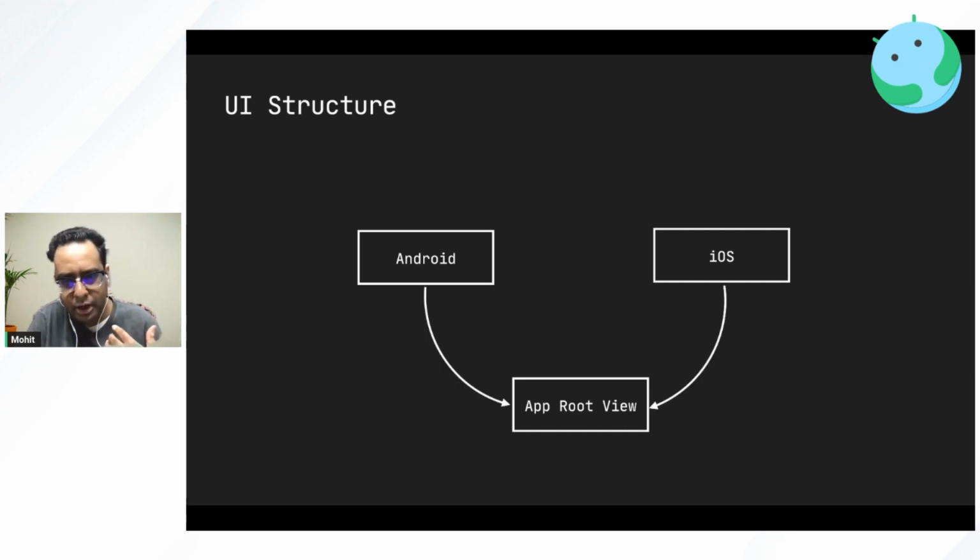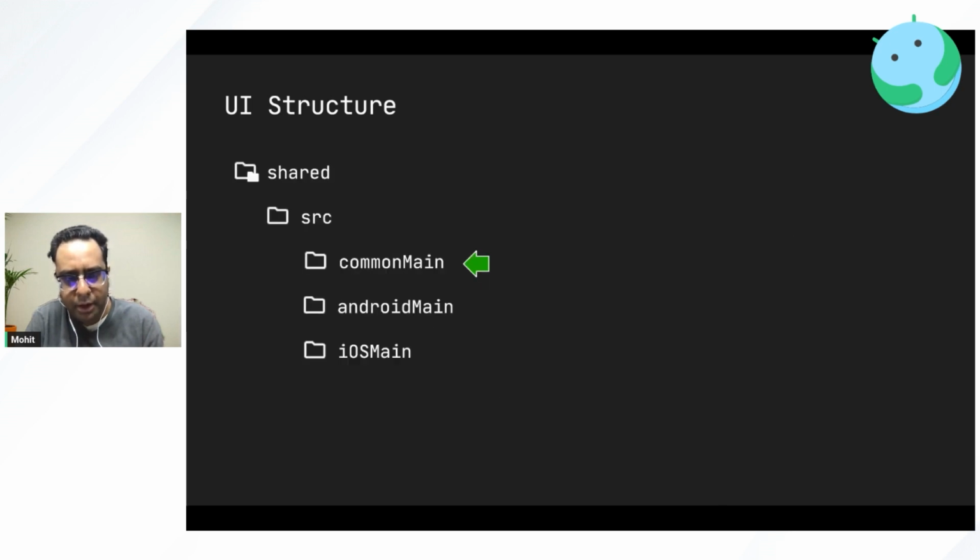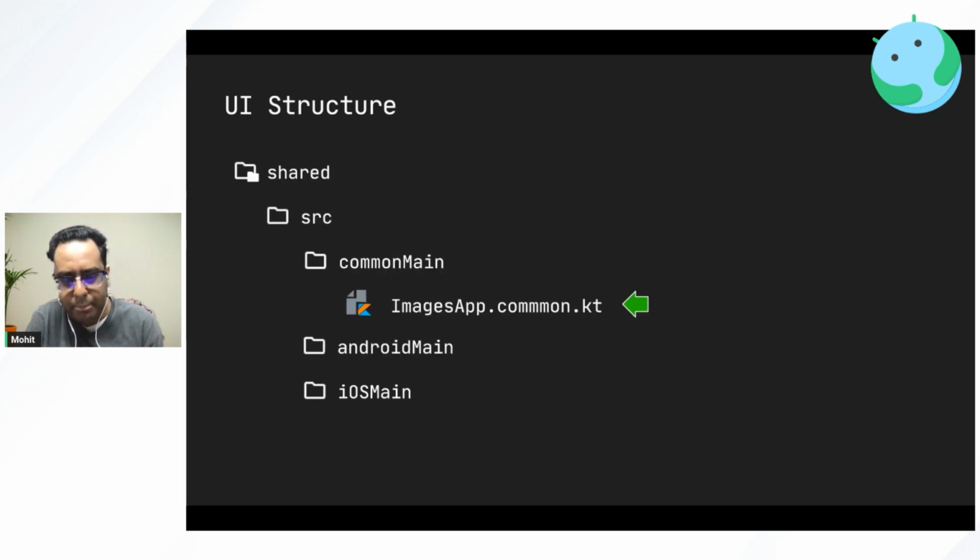And your Android and iOS apps will basically utilize this app root view. That's one approach you could take if you want to build everything in Compose. But you could also take other approaches where you just pull in a composable function in your existing app architecture. That's also possible.